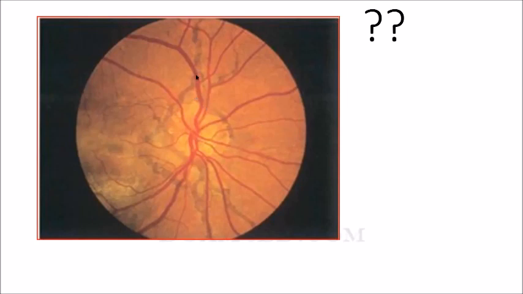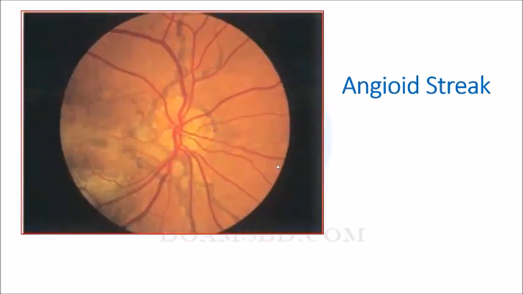Choroidal vessel? No, these are not vessels. Vessels should come out from the heart and its branches. So these red areas are the vessels. But the black, curved, spiral lines are not coming from the central area, not part of the vessels. These are damaged Bruch's membrane of the retina. These are the typical angioid streaks.